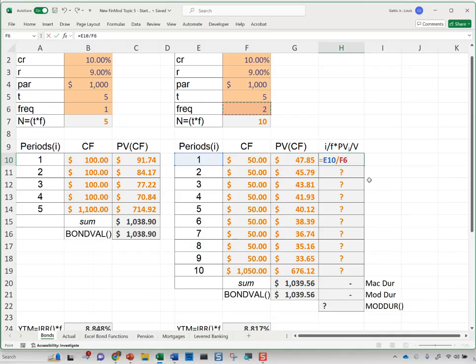I'm going to anchor that frequency, and I'm going to multiply it times the present value of the cash flow divided by the present value of all cash flows. So I'm going to weight that 0.5 period by the fraction of the value that's received in period 0.5, or 1 year, 6 months from now. I'll copy that down.